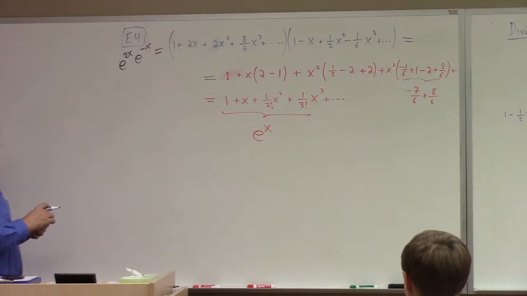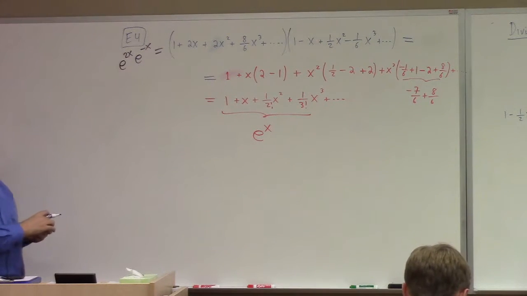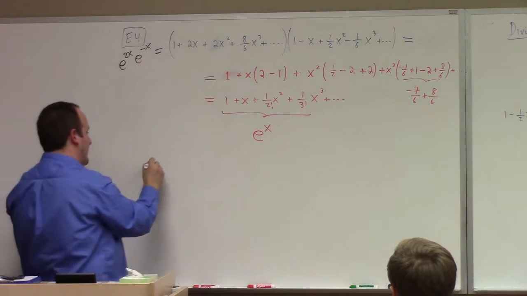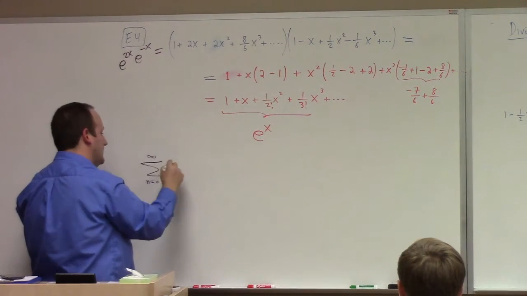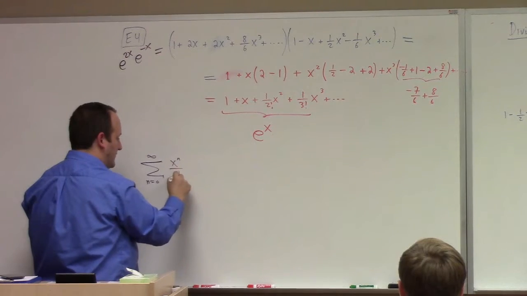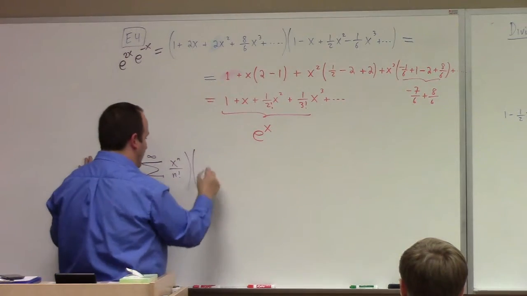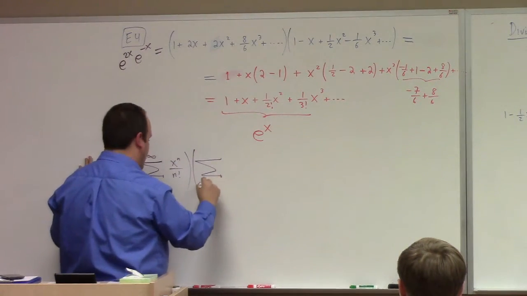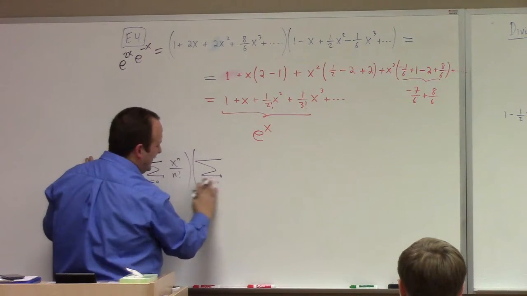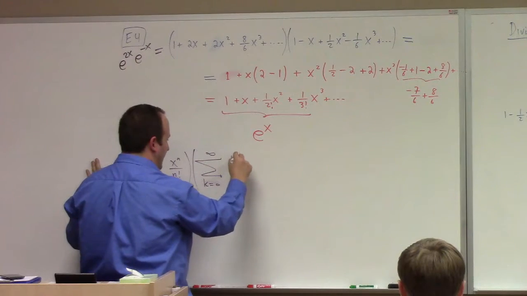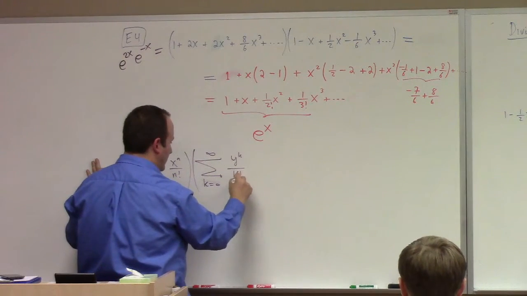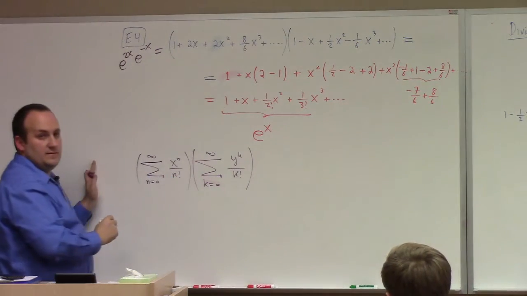Es bueno. Hey, let me look at this a different way. You could take the power series, sum n equals 0 to infinity, x to the n over n factorial, and multiply it by the power series, sum k equals 0 to infinity, y to the k over k factorial, all right?